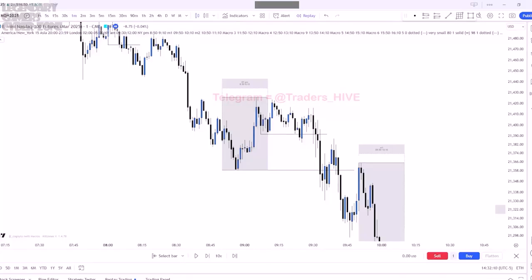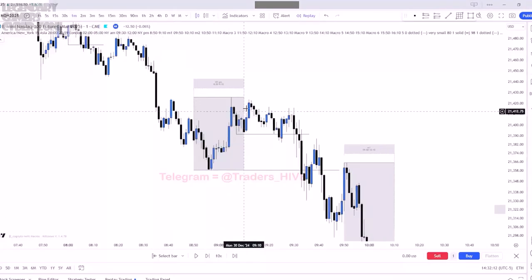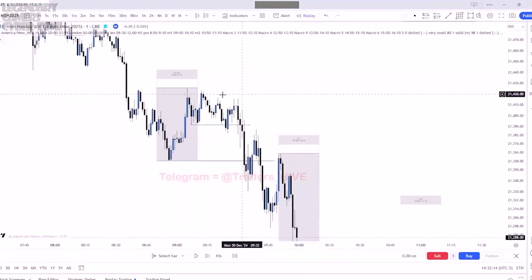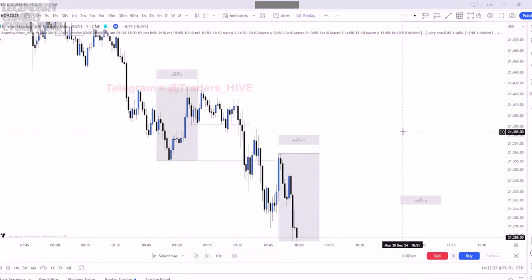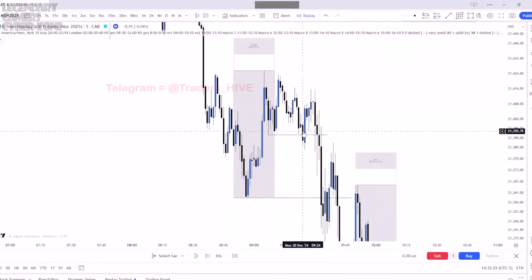What I would do is always look for this model to happen and the sweep to happen in this time. And after, I want to see a shift aggressively right after the sweep. So right here, to be honest, it is a trade worth trying, but it's kind of late.